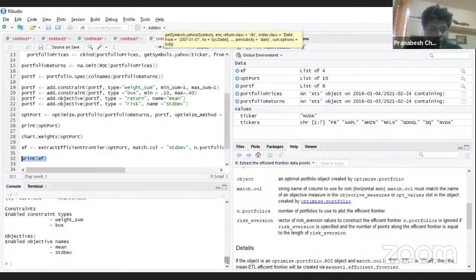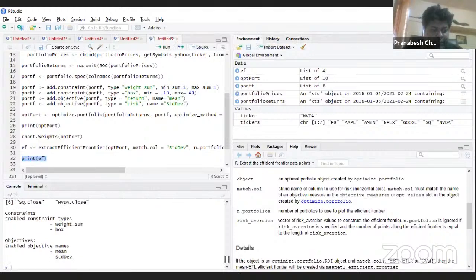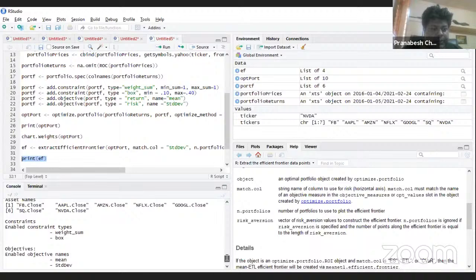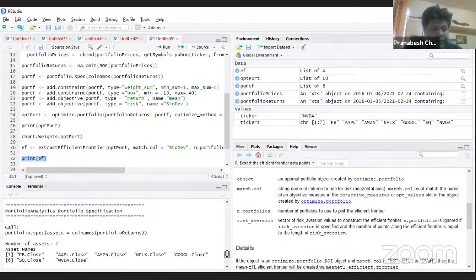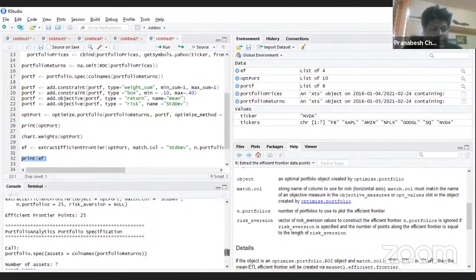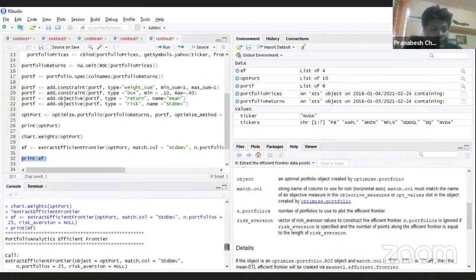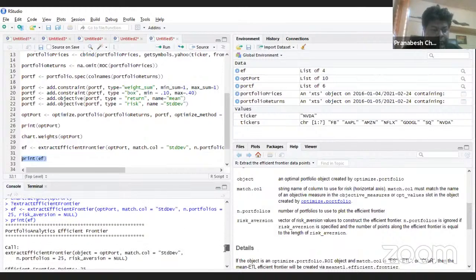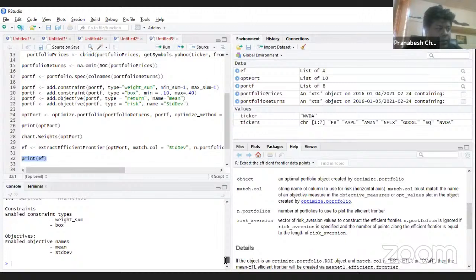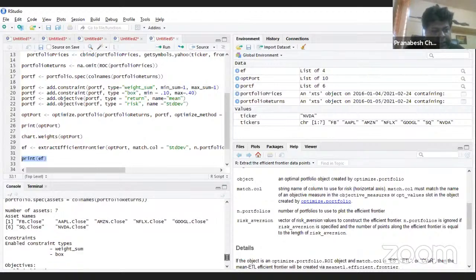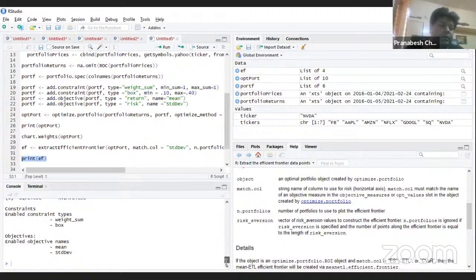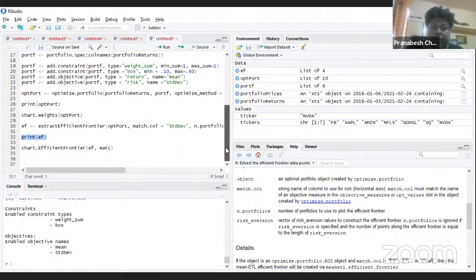Okay. So it has taken into consideration constraints, objectives, mean and standard deviation, but it has not given any values. That is why we want to chart it.